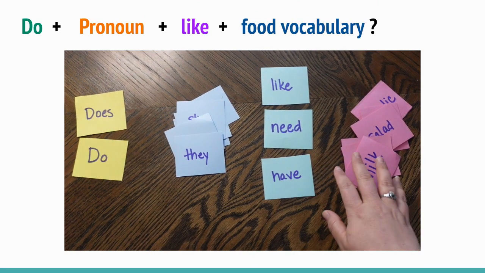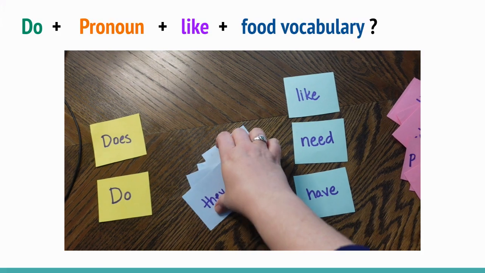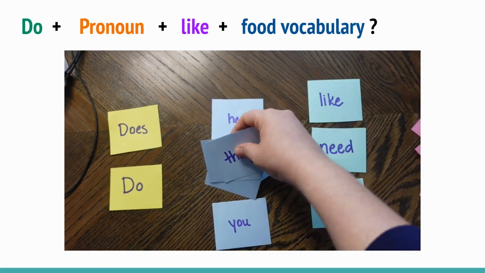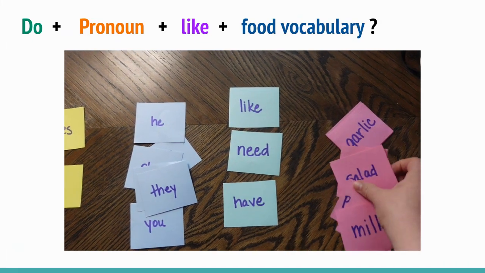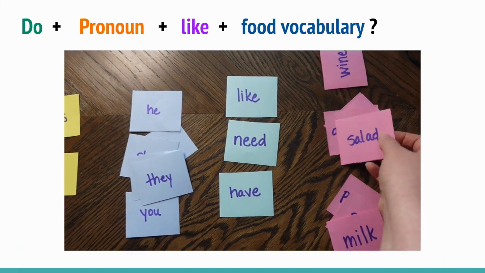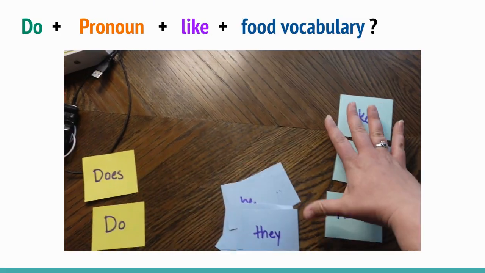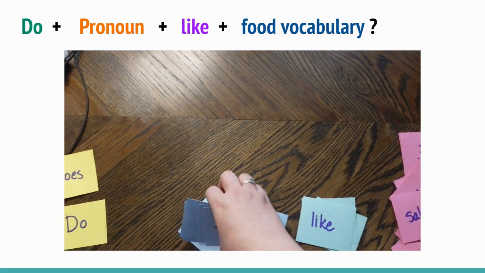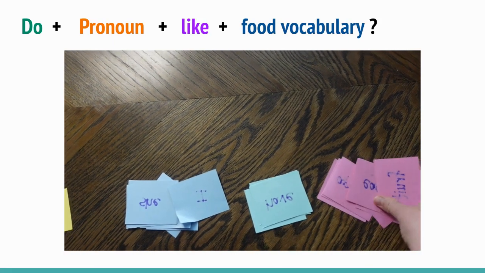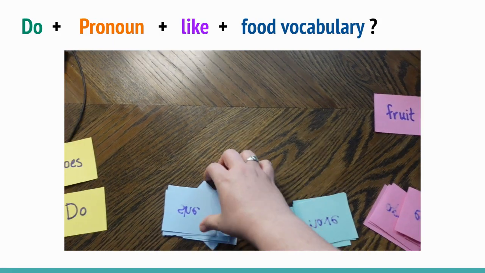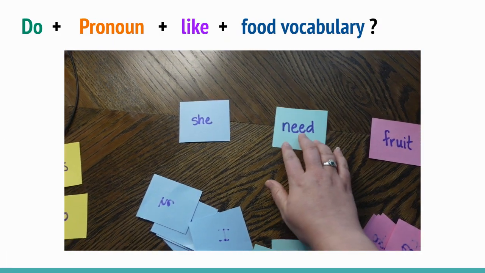Okay, so make your cards like this. We have the do and does, all of our pronoun cards, like, need, and have, and then lots of different food words. And then you can just randomly draw out of each pile. Okay, so let's say I draw she, need, fruit.